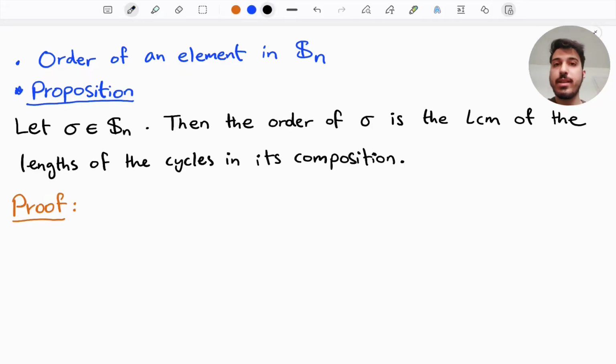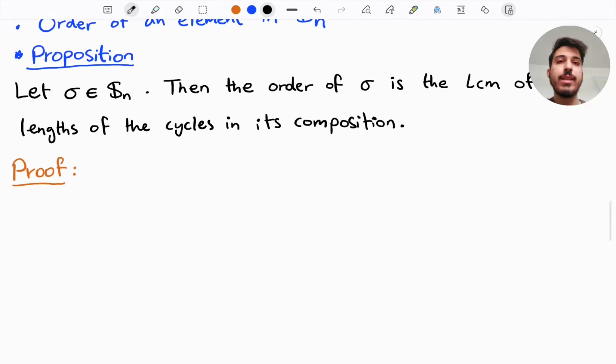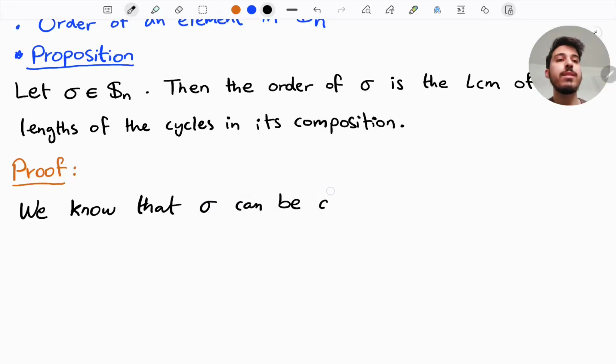To prove this proposition, we know by the proposition that we've seen in lesson 5.1 (by the way, I recommend you check the statement of the proposition and the proof of lesson 5.1 to understand how any permutation can be decomposed into disjoint cycles) that sigma can be decomposed into disjoint cycles.